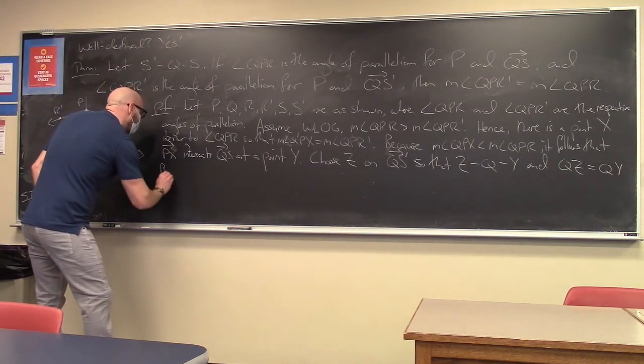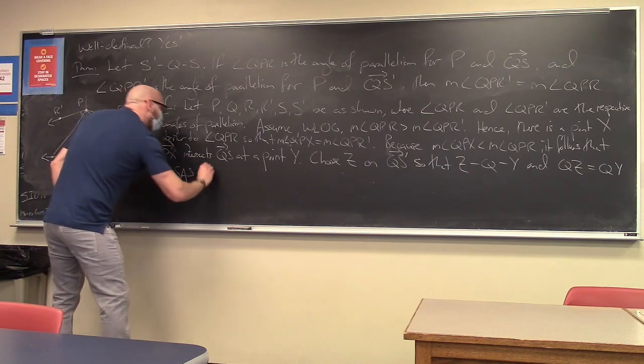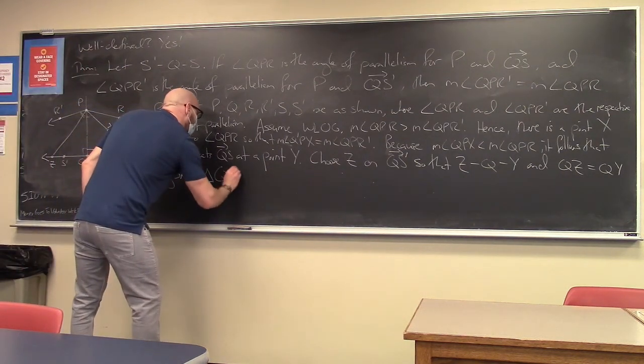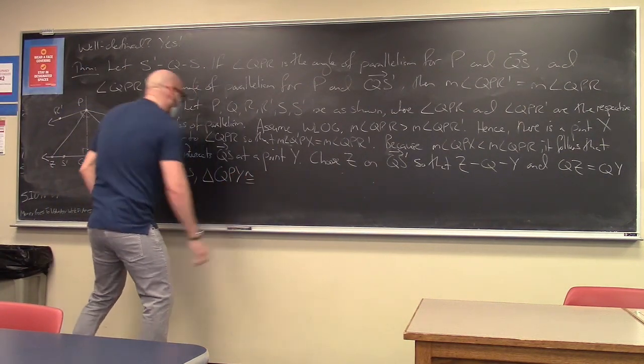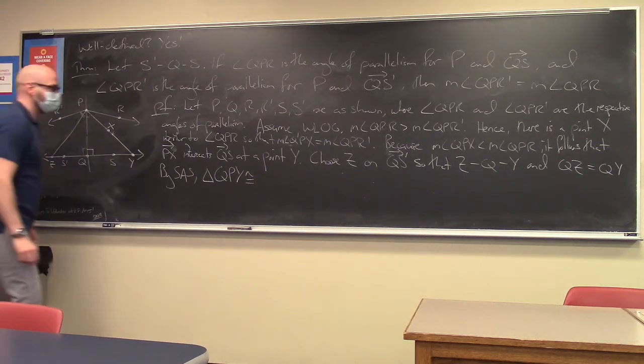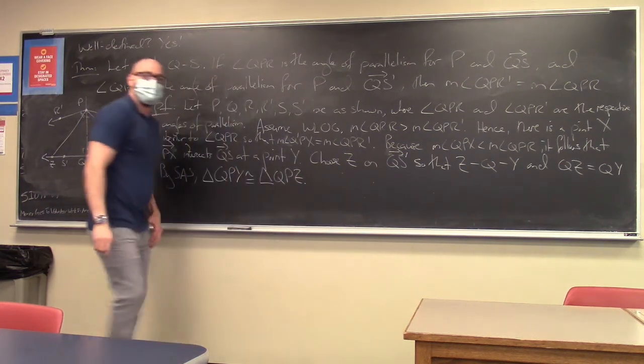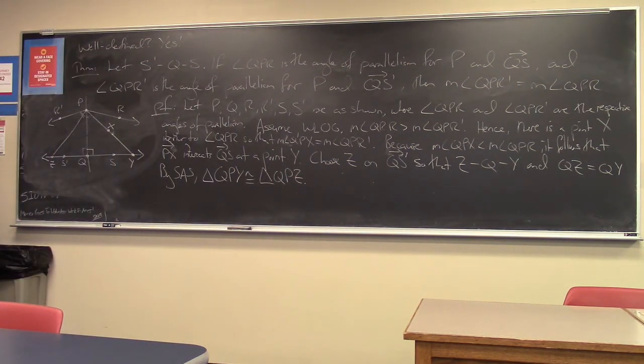So by SAS, triangle QPY is congruent to triangle QPZ. What does that mean?